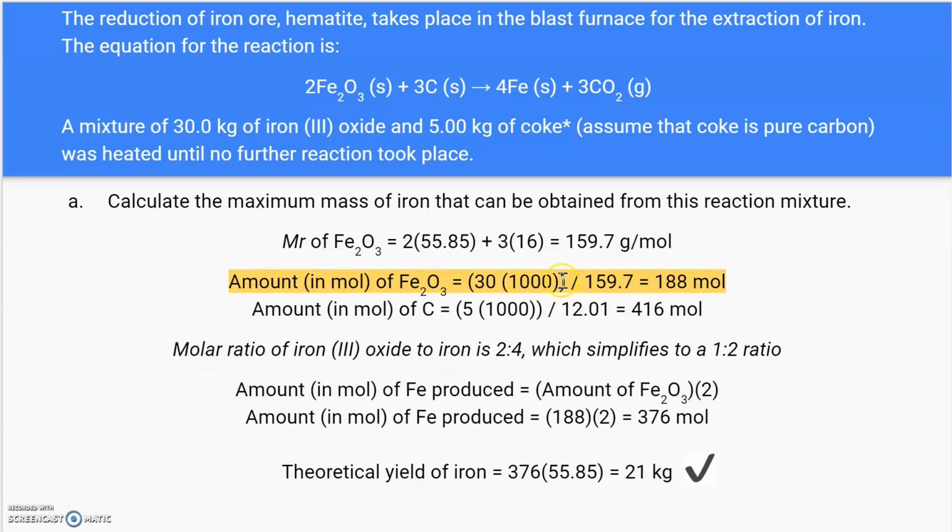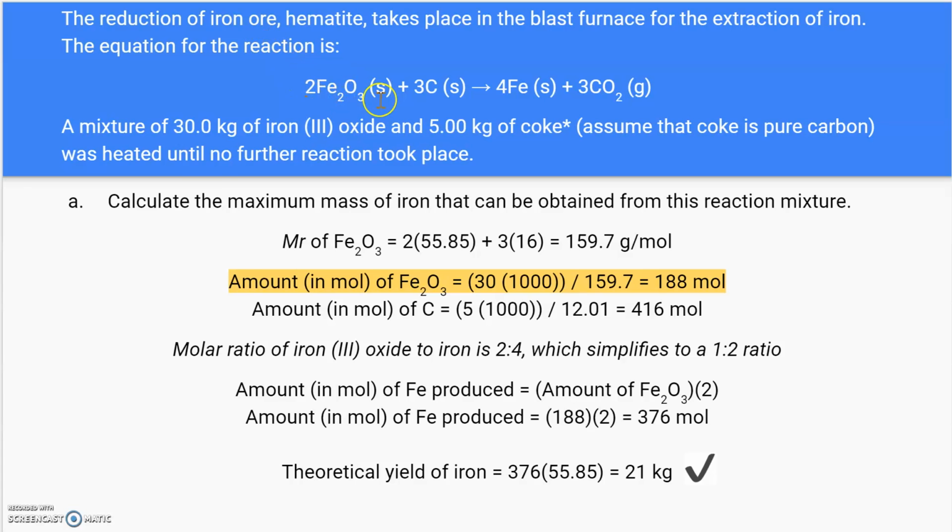So now we have identified what the limiting reagent is, we need to figure out the ratio of that limiting reagent related to the product that we want. The product that we want is iron. Locating iron on the product side, iron is here. And so we need to determine the ratio.